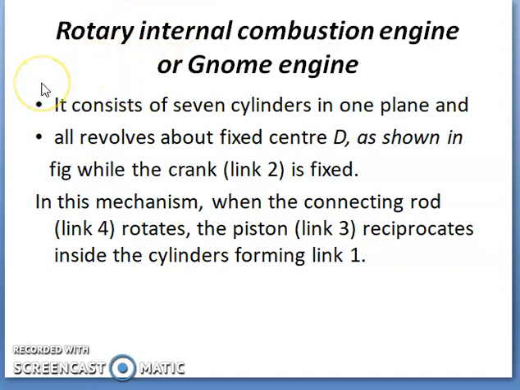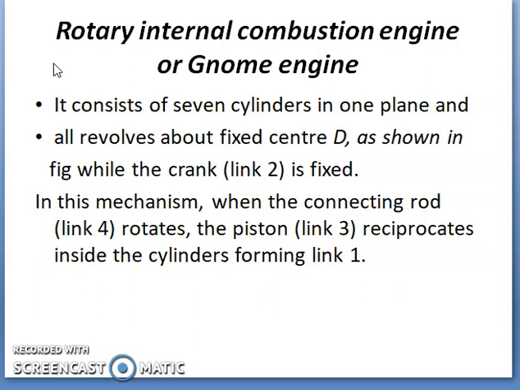Next is the rotary internal combustion engine, or Gnome engine. It consists of 6 to 7 cylinders in one plane, and all revolve about the fixed center D as shown in the figure, while crank 2 is fixed.